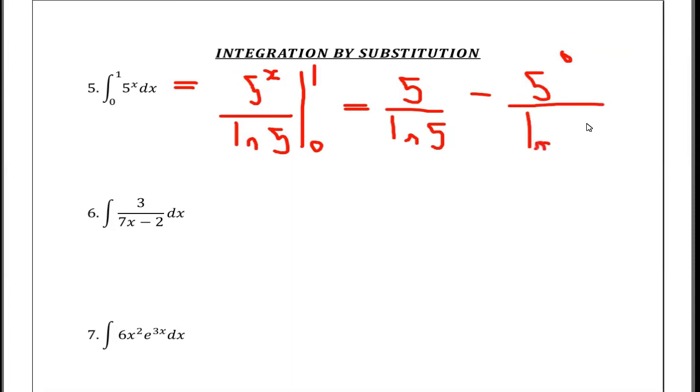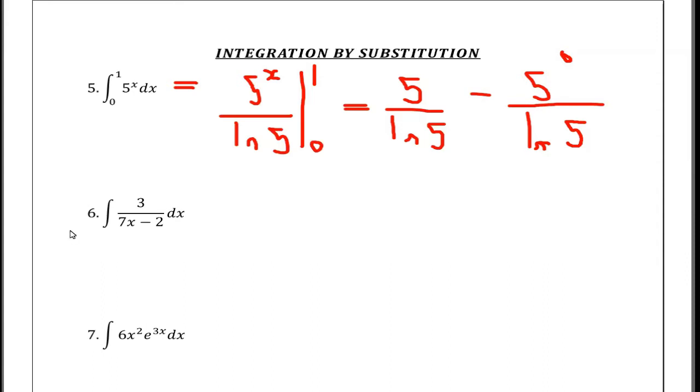If you want, you can simplify this in terms of decimal: 5 over ln 5 minus 1 over ln 5. As a decimal, I am getting 5 minus 2 point something. So you can simplify this if you want.